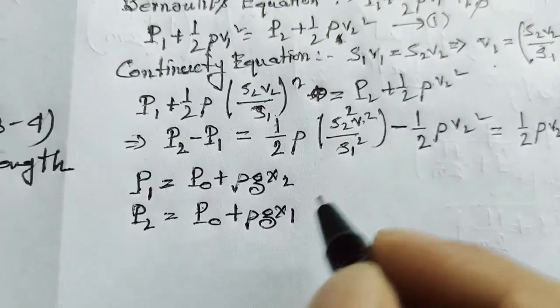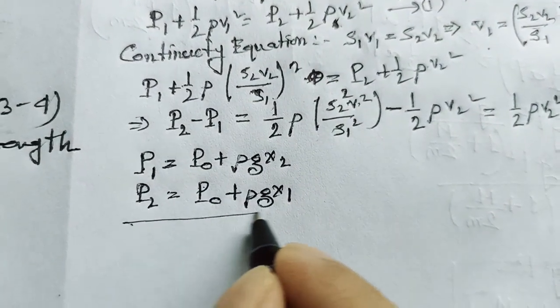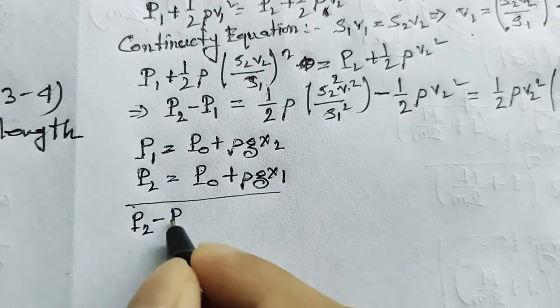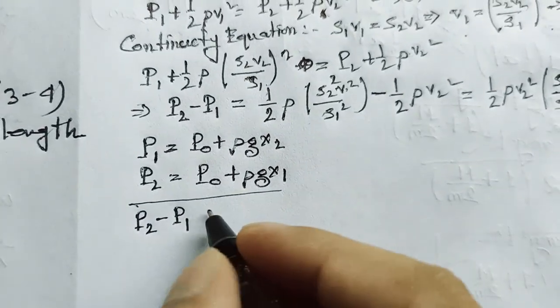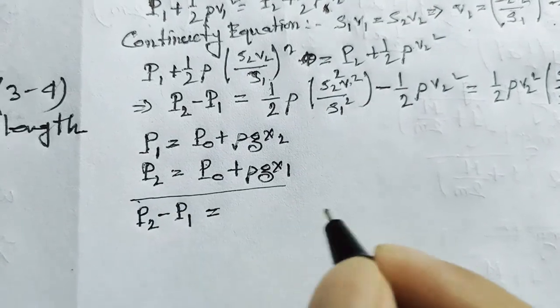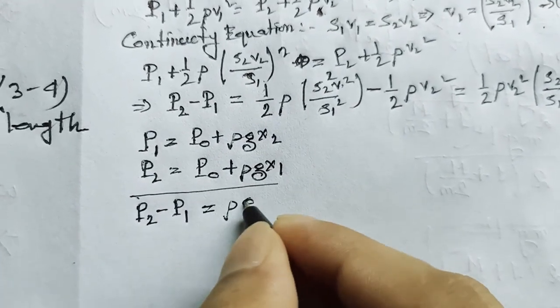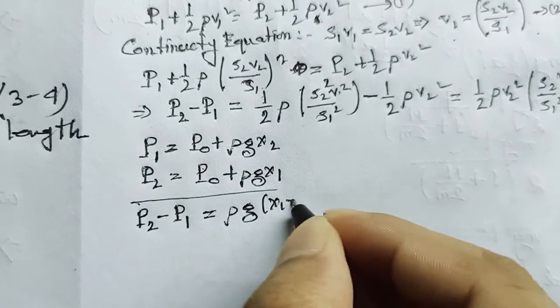If we subtract these two equations, we'll get P2 minus P1 equal to rho g (x1 minus x2).